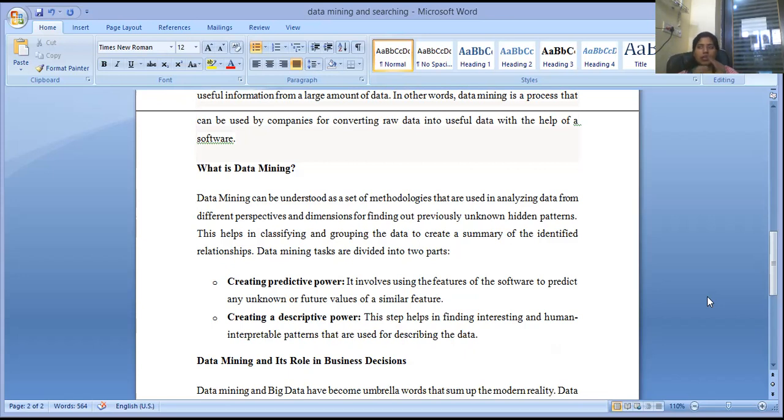What you are using is like Truecaller, a software through which you are predicting and analyzing that this number belongs to this person. This is a type of predictive power. Clear? Now creating the descriptive power.